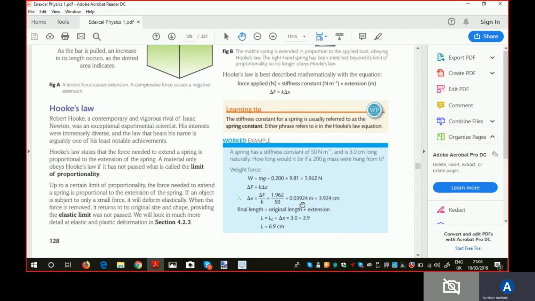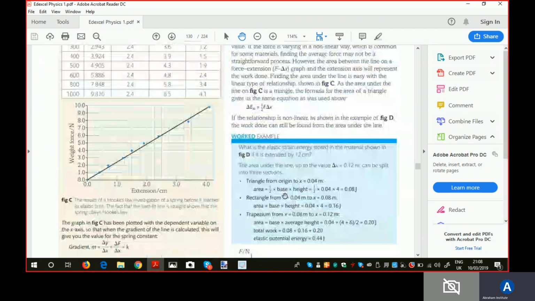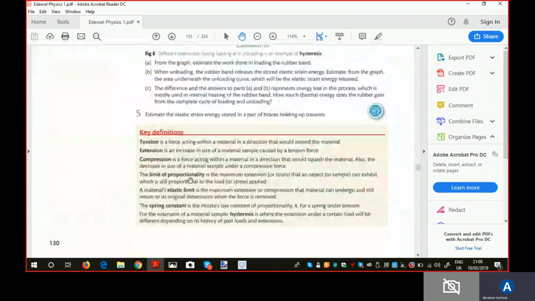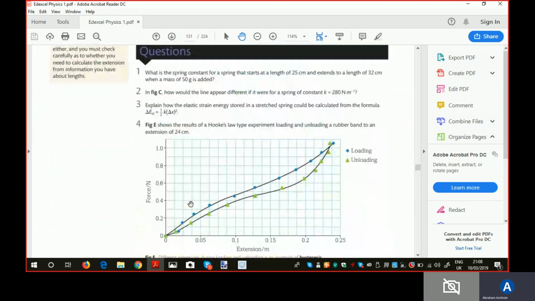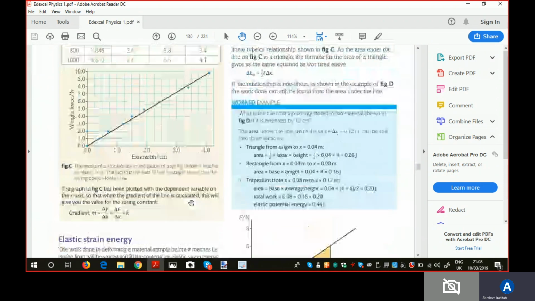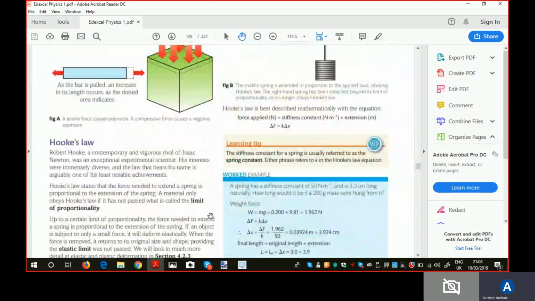Okay, maybe later on at the end of the chapter they also have the definitions. Limit of proportionality, extension, compression. Anyway, you have to know the definition of Hooke's law. It is given here, and this is the equation.